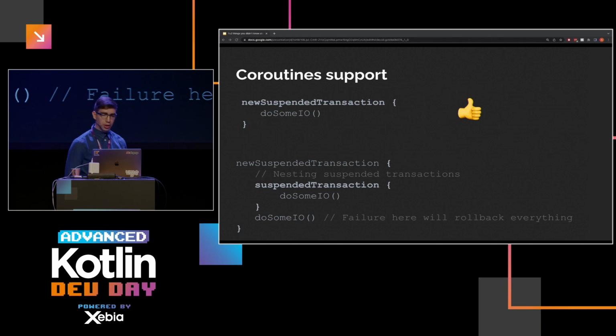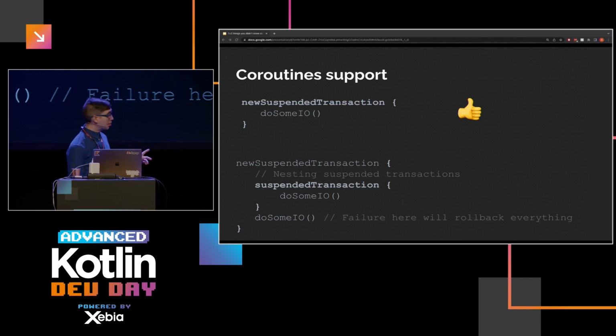It's provided by the Exposed library itself. You don't need another dependency for that. And newSuspendedTransaction is a suspending function. So from that block, you can invoke other suspending functions as usual, no problem there.